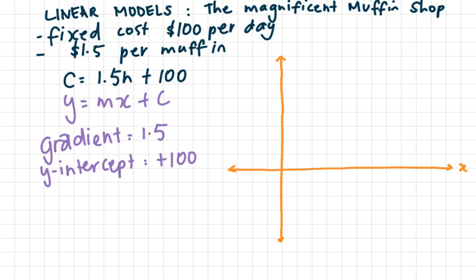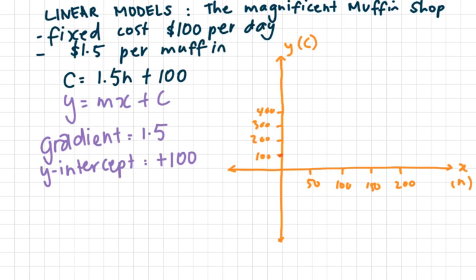Along my x and y, or I should say C and n, along the bottom I'm going to do 50, 100, 150, 200, and along the top I'm going to do 100, 200, 300, and 400. Okay, so the first point is my y-intercept, which is going to be right here.